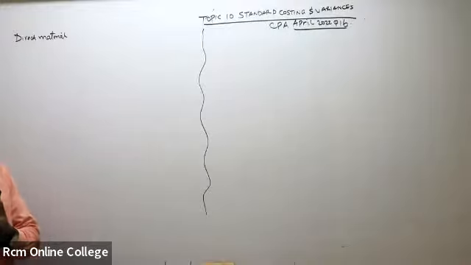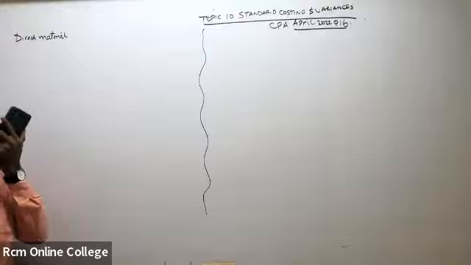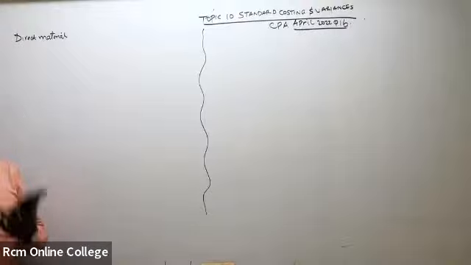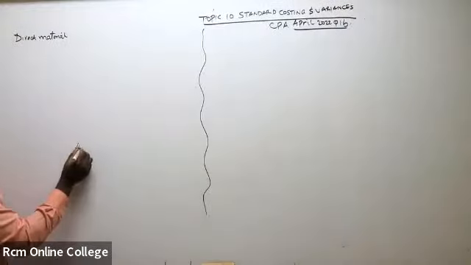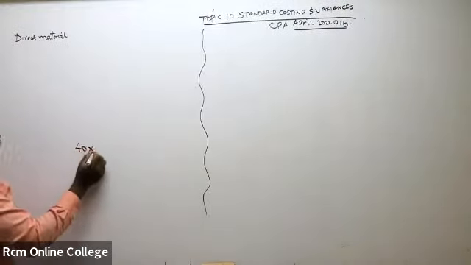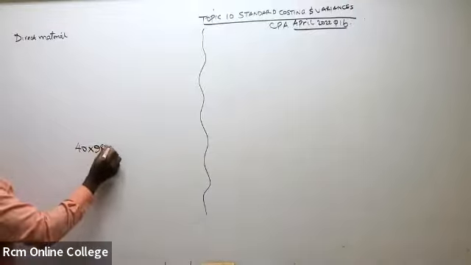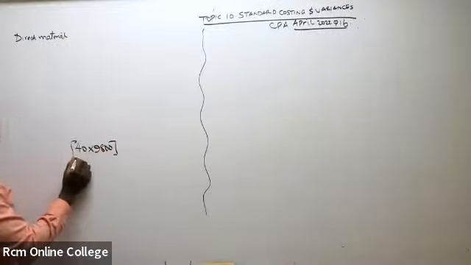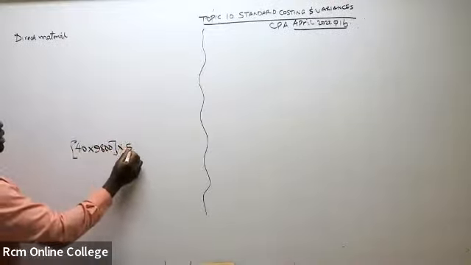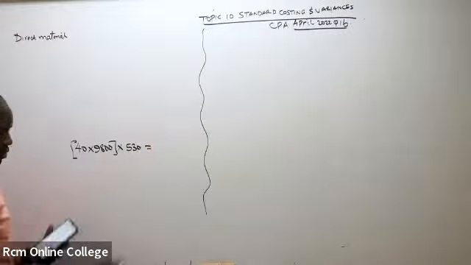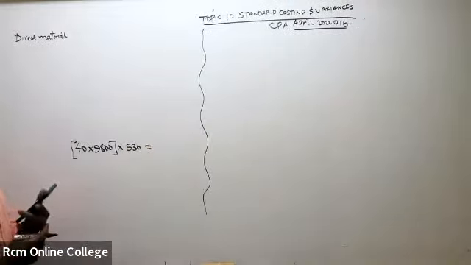We are told that direct materials are 40 square meters at 530 per square meter for 1 unit, and their budget talks about 9,800 units. So we have two ways. We can take the 40 square meters per unit, multiply by 9,800 units to give us the total square meters needed, and then multiply by cost per square meter.